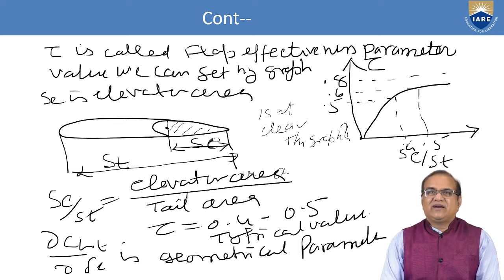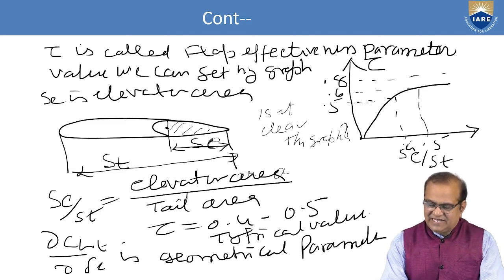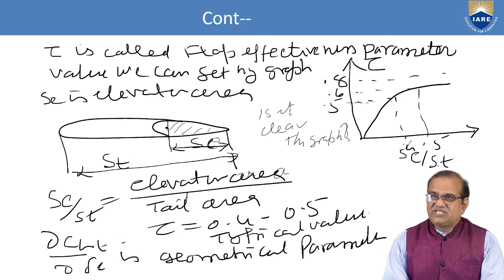Now what is tau? Tau is called the flap effectiveness or elevator effectiveness parameter. The value we can get from the graph. This is the plot of tau versus SE by ST. SE by ST is always less than 1, and mostly it is between 0.4 to 0.5. If we put a horizontal line on this plot, we get 0.5, 0.6, 0.8.